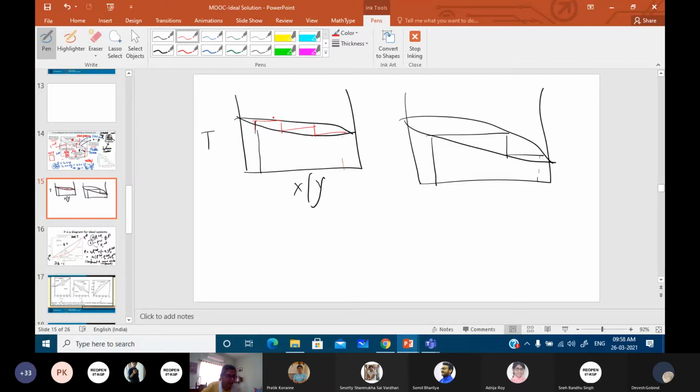How do we define the relative volatility? It is defined by the ratio of the vapor pressures, P1 saturated by P2 saturated, and it is given as alpha. Often we denote this as the relative volatility of the two phases.